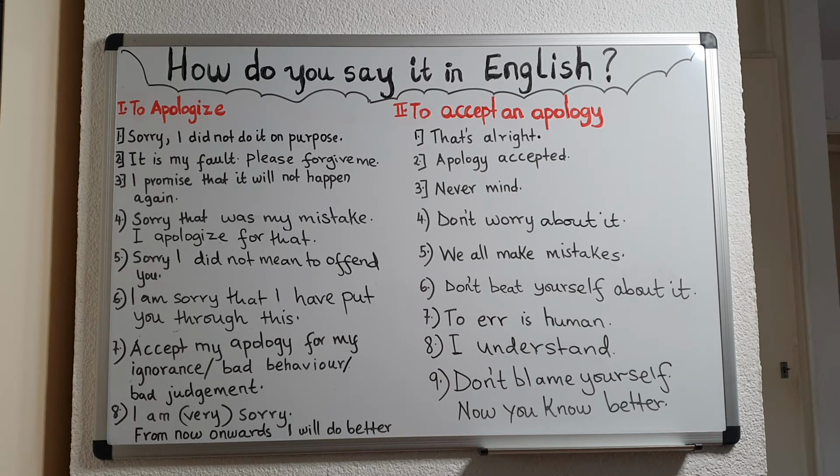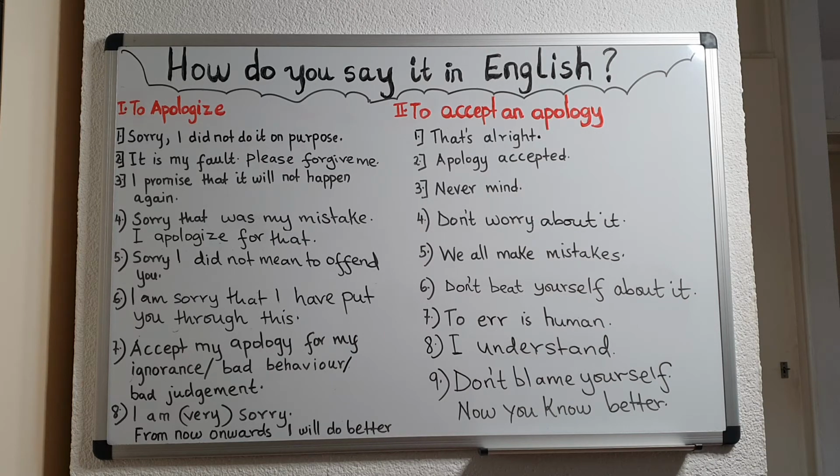Number 5, sorry, I did not mean to offend you. Now, to offend means to hurt someone. So, what you mean with this expression is you have hurt the person, but you did not do it on purpose.